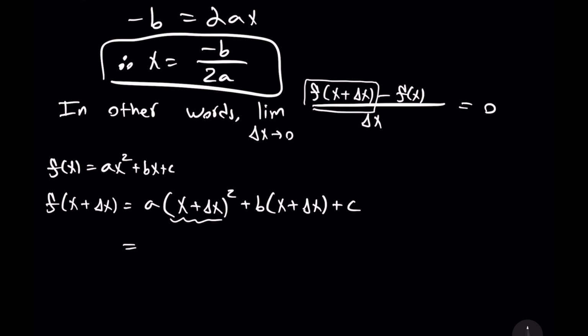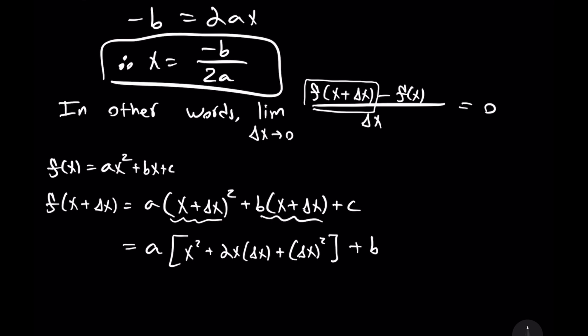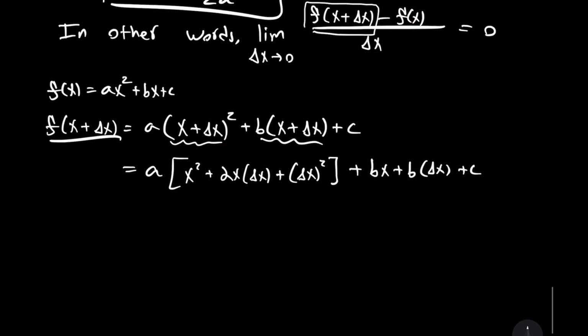Let's expand that out, so to speak. We'll multiply that out. So we have a times x plus delta x squared. So we have x squared plus 2x delta x plus delta x squared, plus bx plus b delta x plus c. Okay, so that is f of x plus delta x. So we want to know the limit as delta x approaches 0 of f of x plus delta x.